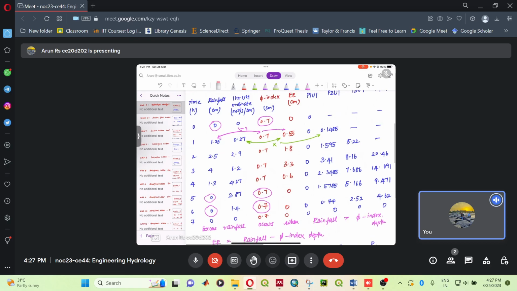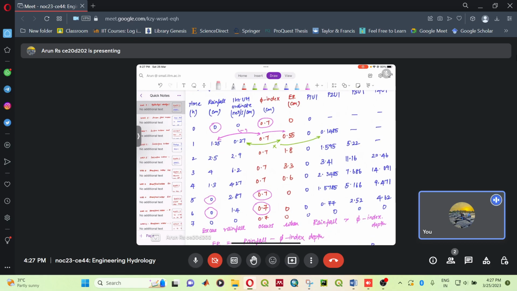So here we can come to the rainfall table. Here if you see, our total excess rainfall is 5 centimeters.